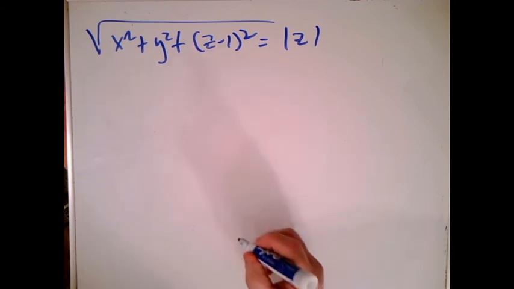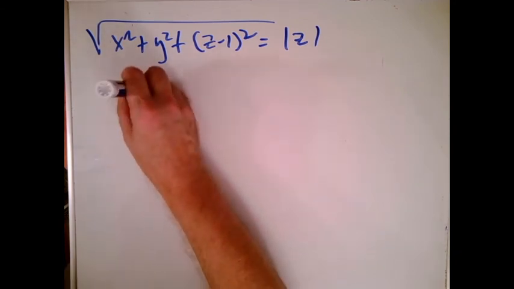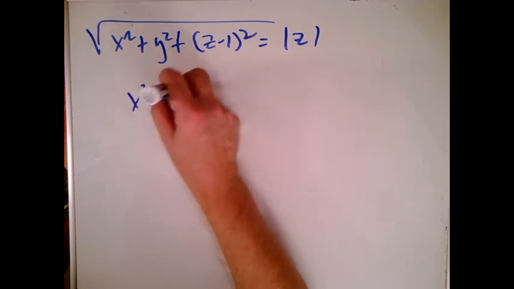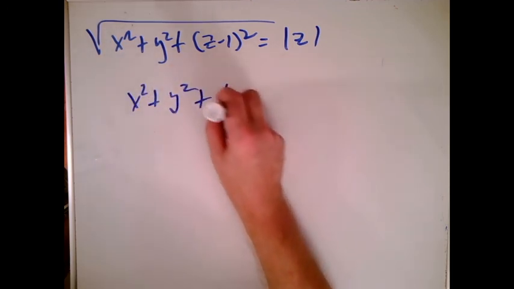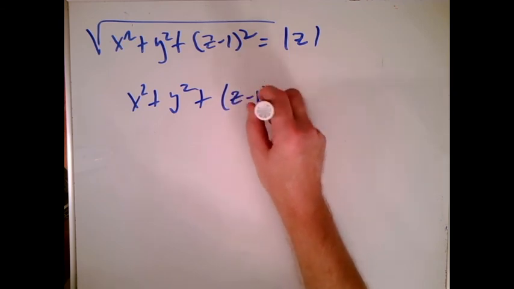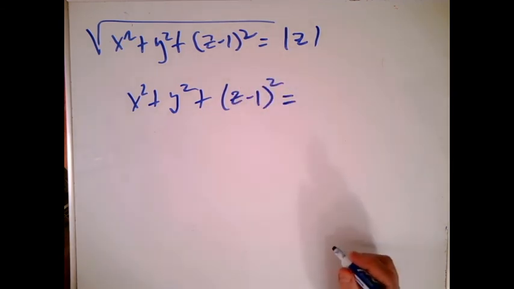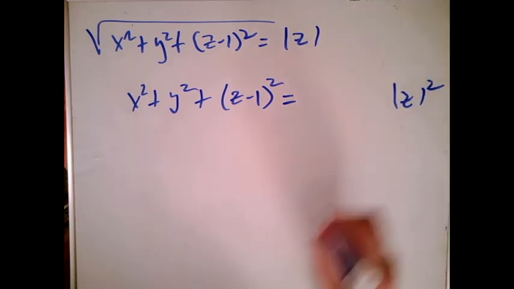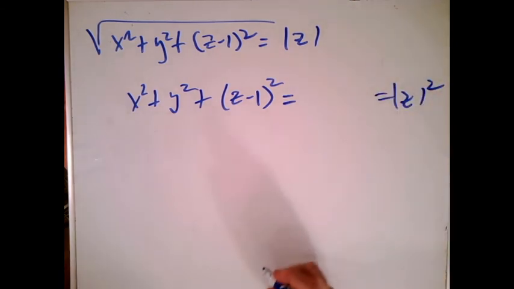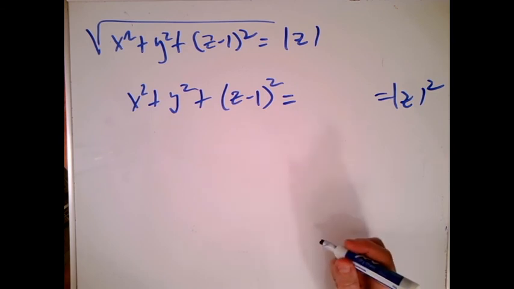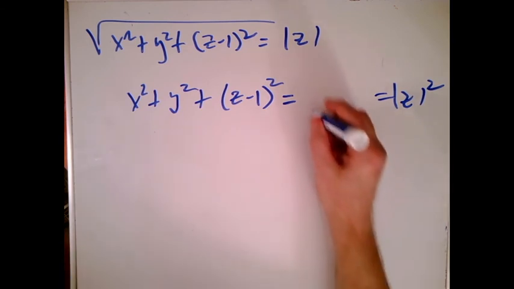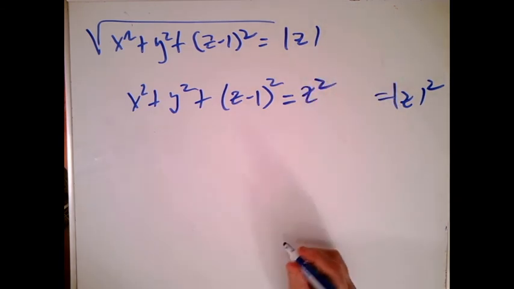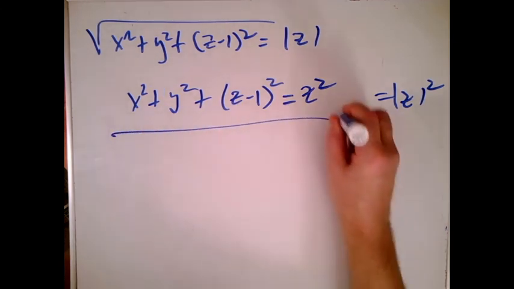When I square the left-hand side, I just get x squared plus y squared plus z minus 1 quantity squared. When I square the right-hand side, I get the absolute value of z squared. But if z is negative and I square it, I get z squared. If z is positive and I square it, I get z squared. So this is just z squared, and that got very comfortable very quickly.